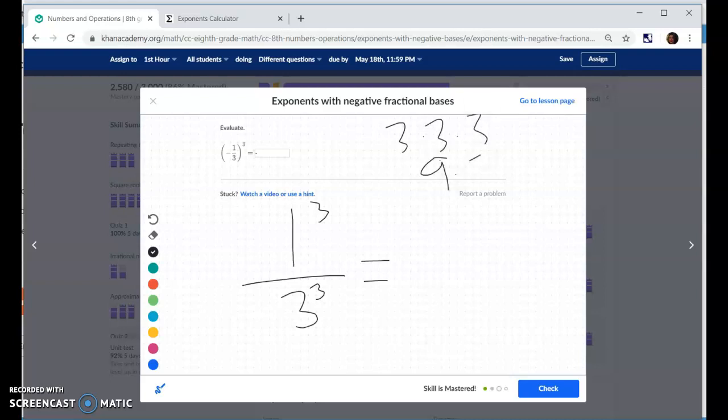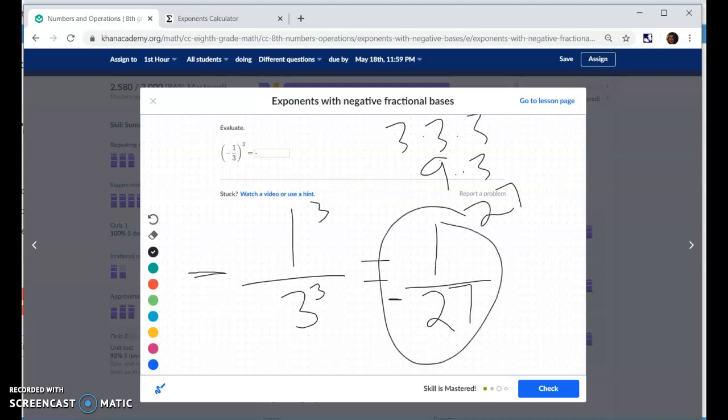That would be 9 times 3, which would be 27. So 27 at the bottom, 1 on the top, and because this is a negative, the answer would also be negative. So our answer is negative 1 over 27. Check.